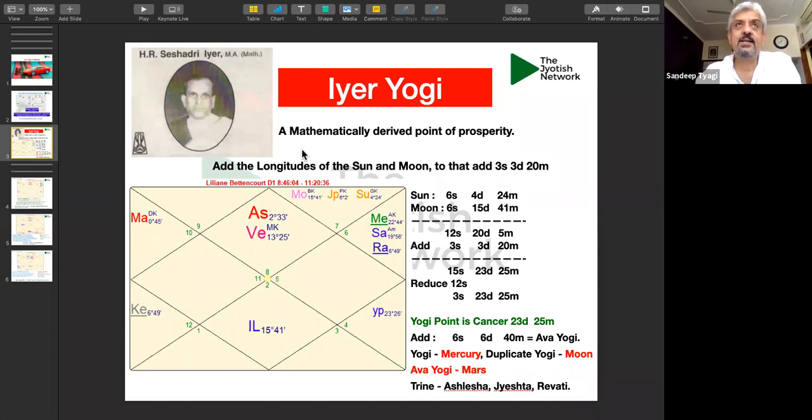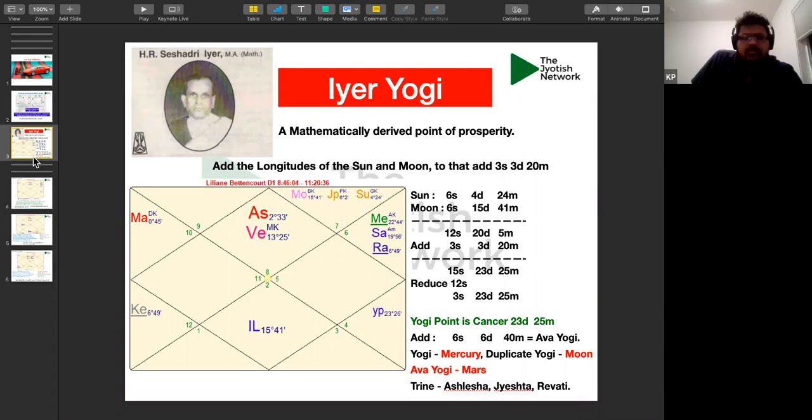Then the effects are passed on to your caretakers, which means I may not have experienced prosperity directly, but through my caretakers, because I'm a child. So for me to experience a Raj Yoga or Dhan Yoga, it would possibly happen in the caretakers' lives, and through them, I will experience it. So the dasha sequence becomes very important.